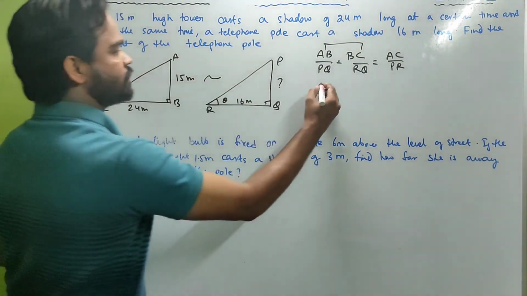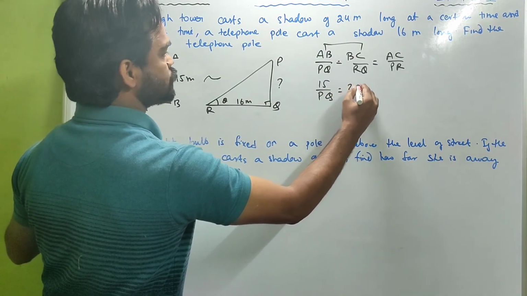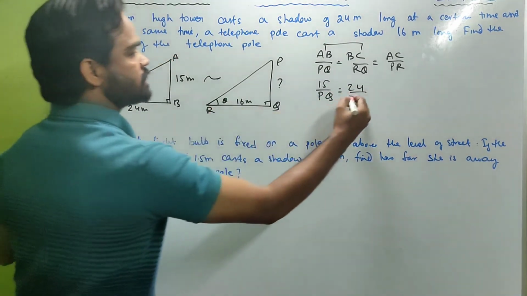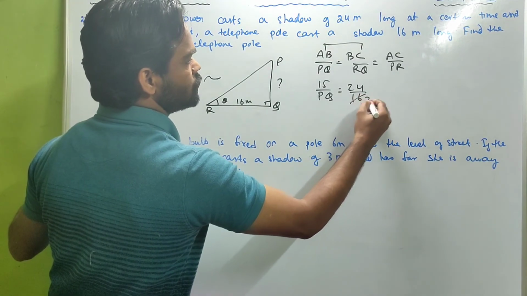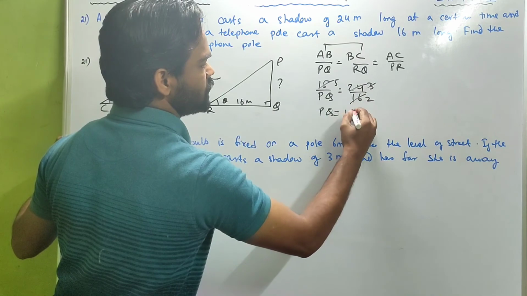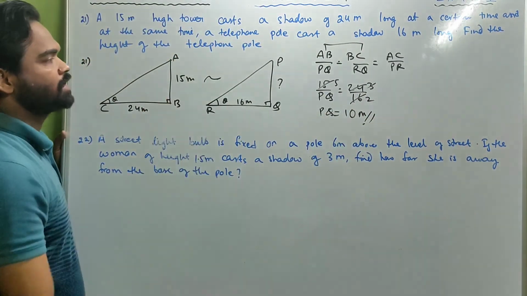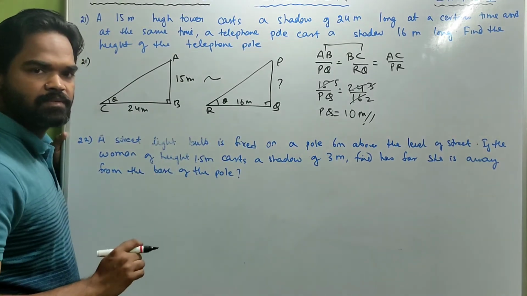AB is 15, PQ we don't know, BC is 24 and RQ is 16. So 8 2 times, 8 3 times, 5 times, so PQ, 5 2s are 10 meter. Done. So the height of the telephone pole is 10 meter.